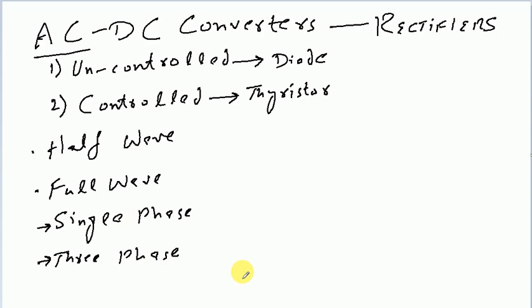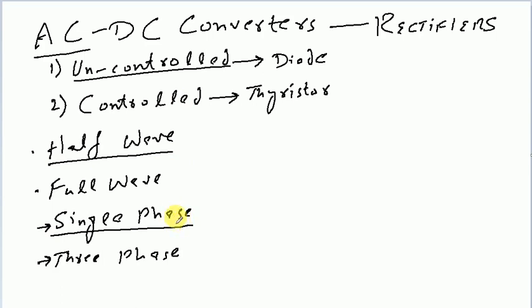In the last lectures, we had started discussion about the uncontrolled type of rectifiers, in which we are having a diode as a switching device, and we had started our discussion from the simple half wave rectifier. We had also considered that we are having a single phase voltage as the source voltage.